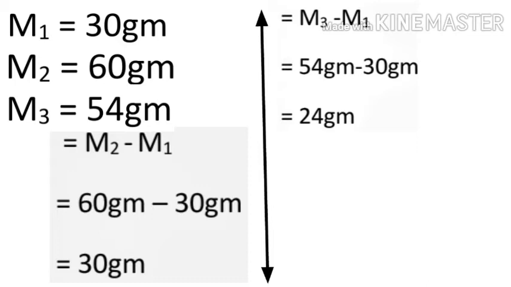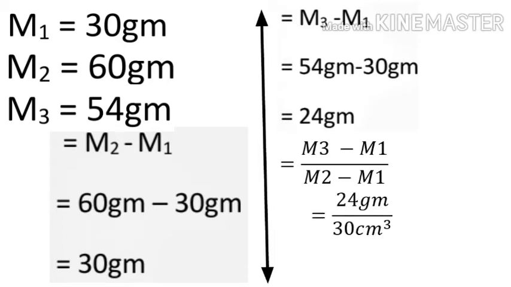Therefore, density of a liquid is equal to mass of liquid upon volume of liquid, that is M3 minus M1 upon M2 minus M1, which is 24 gram upon 30 centimeter cube, and the answer is 0.8 gram per centimeter cube, and that is the density of the liquid.